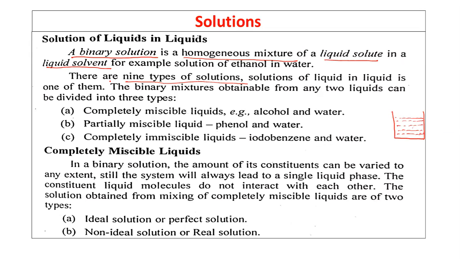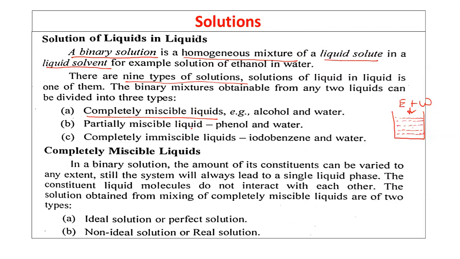Now, solutions of liquids in liquids are of 3 types. First one is completely miscible liquids. We have just taken the example of ethanol in water. Both are completely miscible with each other. So this is one type of solution, completely miscible liquids.